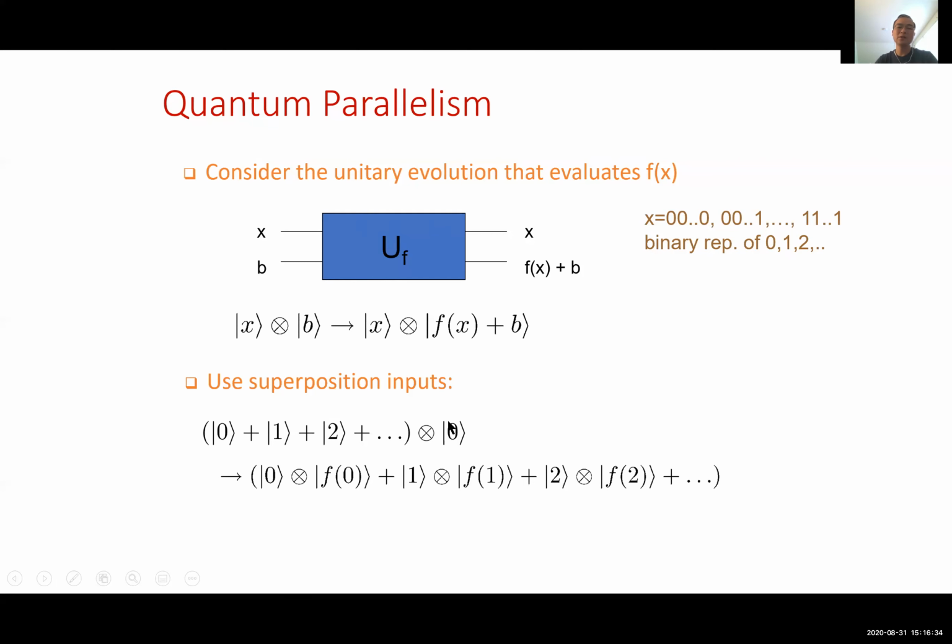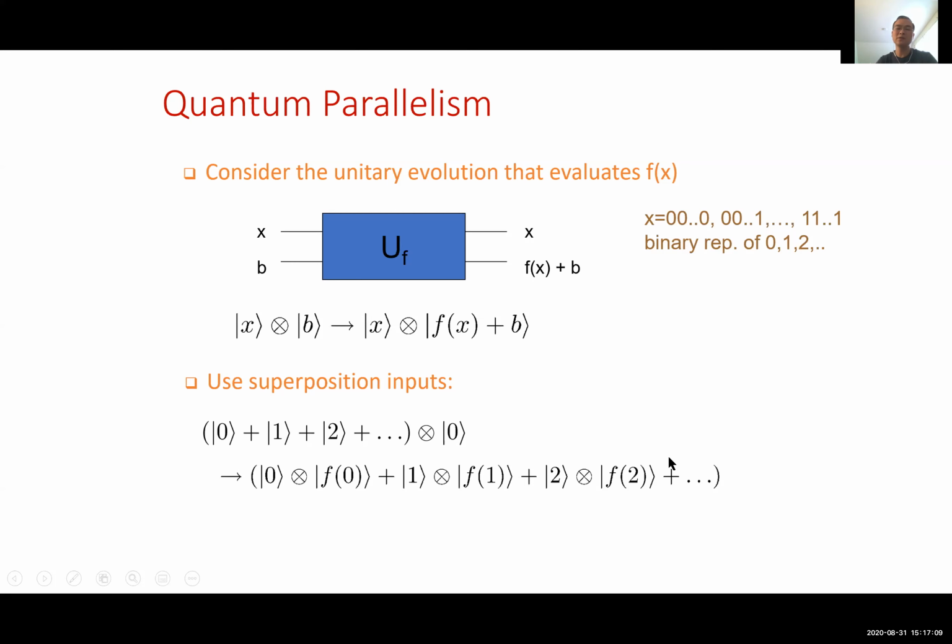And the B register is in the 0 state. According to this rule, the output state will be 0 in the first register, and the second register will be f of 0 plus 1, f of 1, 2, f of 2, etc. So here you see a massive parallelism, because if x is my question, f of x is the answer, then inside this quantum circuit, the quantum state actually encodes question, answer, question, answer, and question, answer.